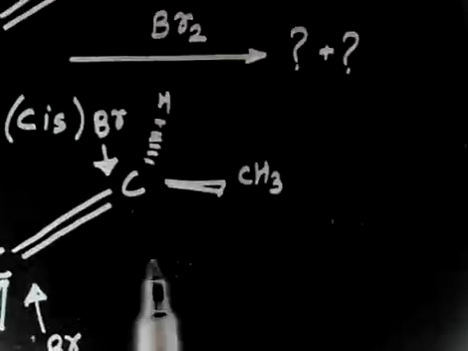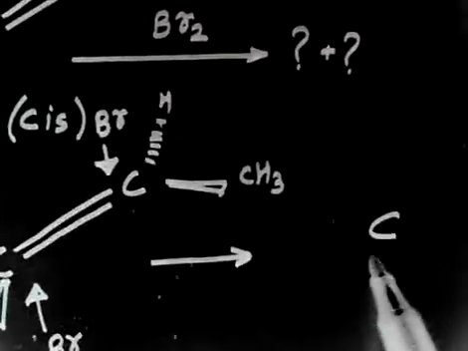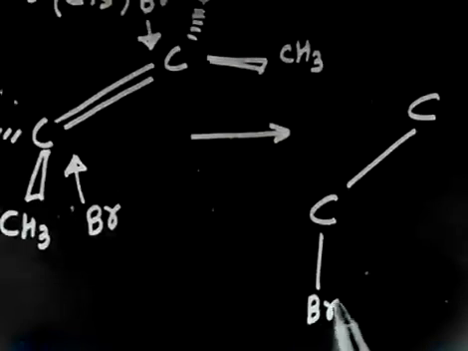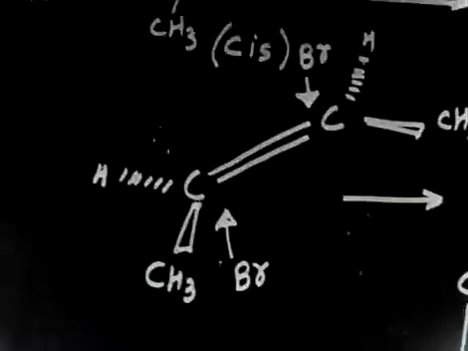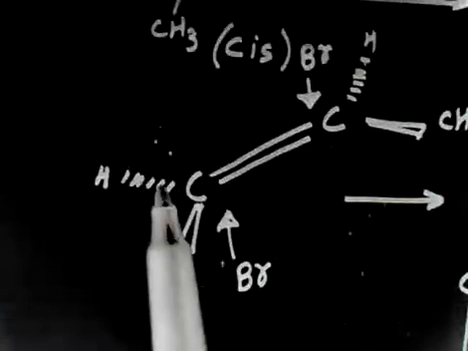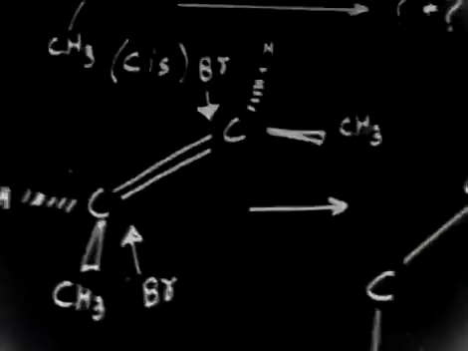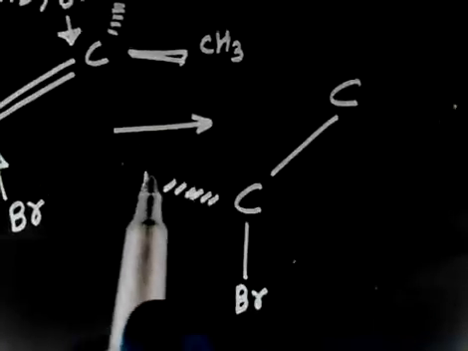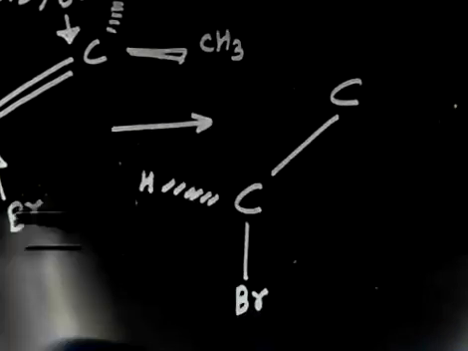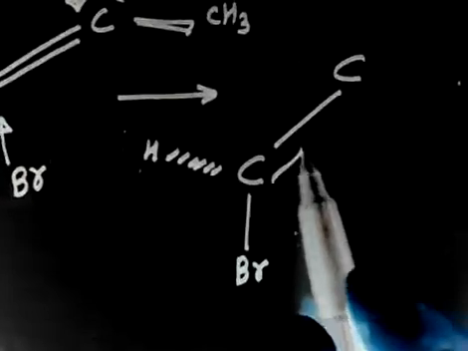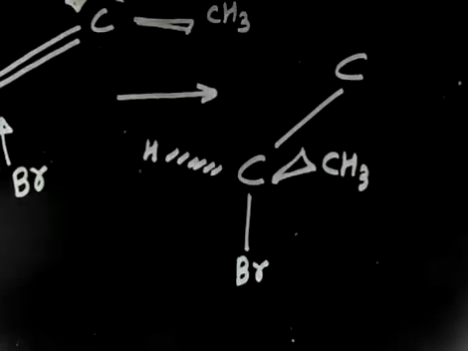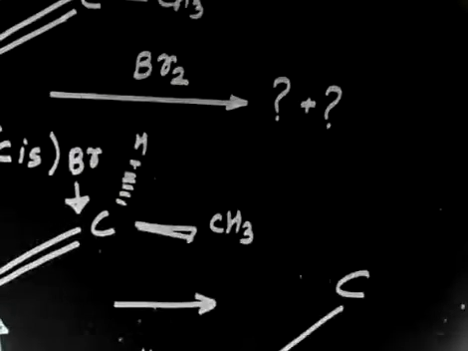So if I do this, what will I have? This bromine will be added from the bottom, and this hydrogen will lift up slightly. So you will have hydrogen here, and here you will have CH3 lifting up in the same plane. Are you getting it? Now bromine will come from the top.